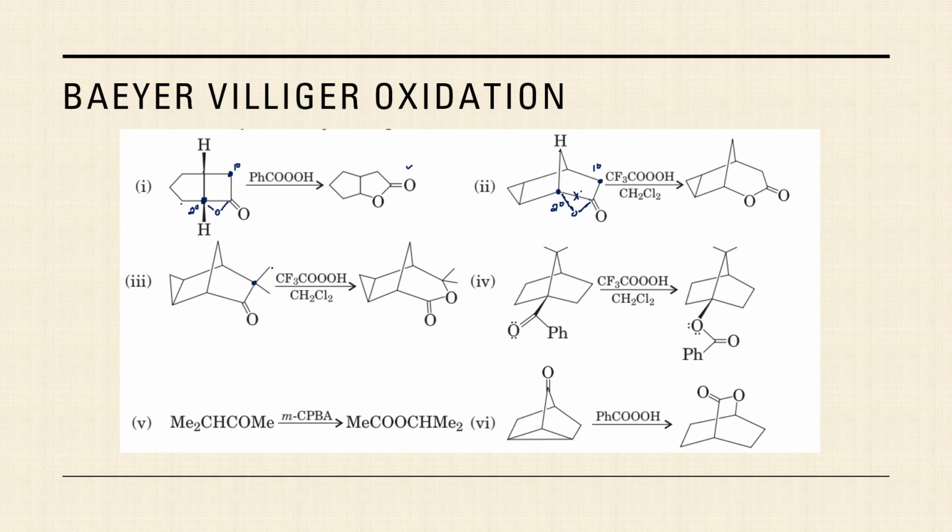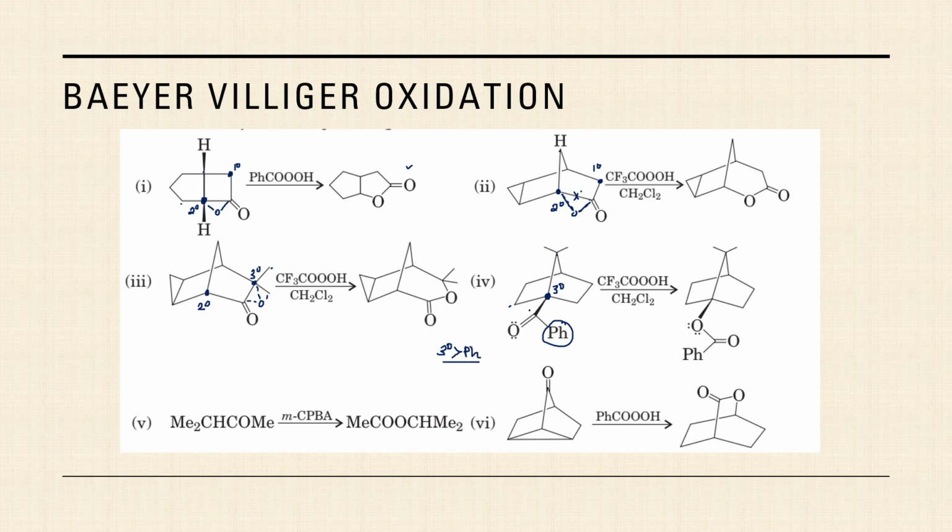This carbon is 1, 2, 3 degree. This carbon is 2 degree. So we will insert an oxygen over here. Okay, this carbon is 1, 2, 3 degree. This carbon is phenyl, which has a higher migratory aptitude. 3 degree has more than phenyl.